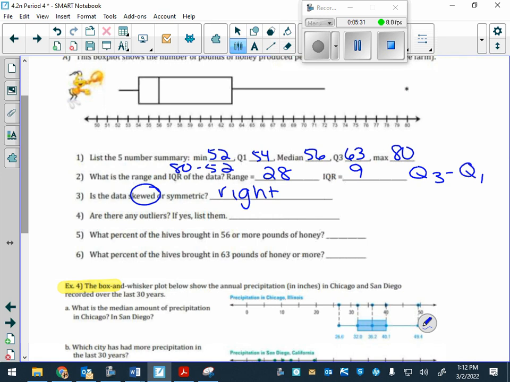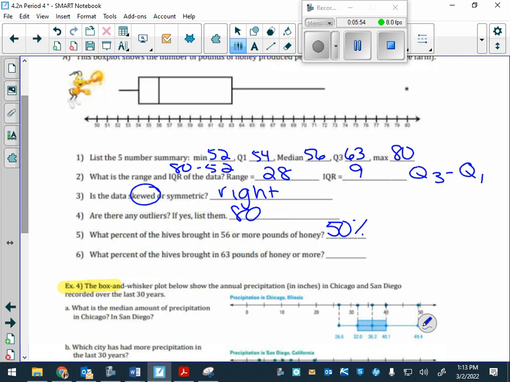Danielle? 80. Good. Okay. What percent of the hives brought in 56 or more pounds of honey? Grace, go ahead. 50% is right. Okay. 56 is our median.